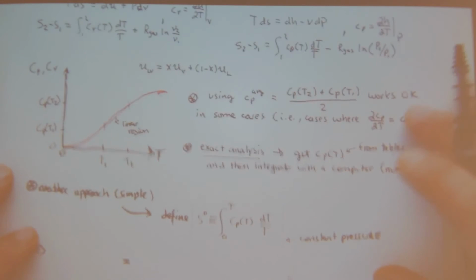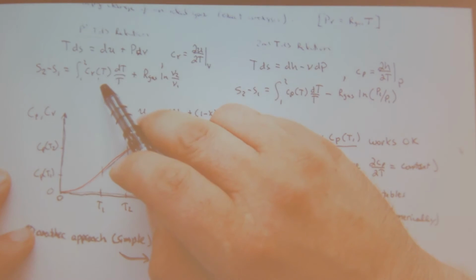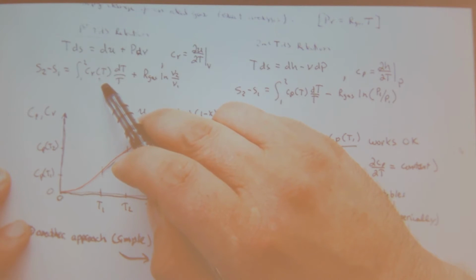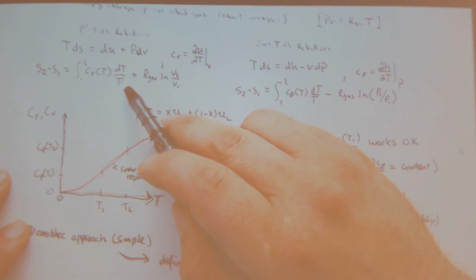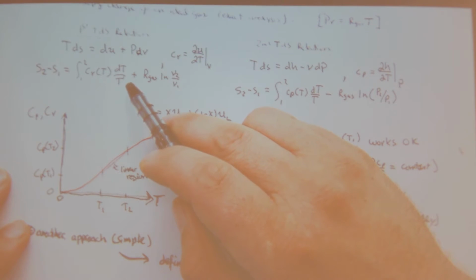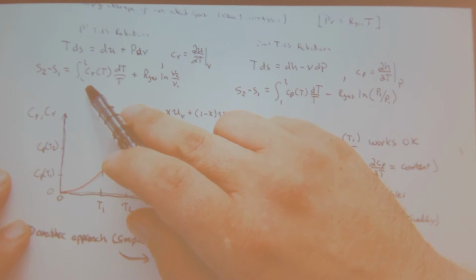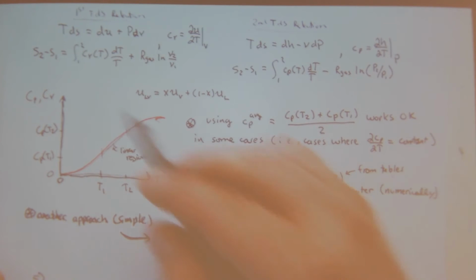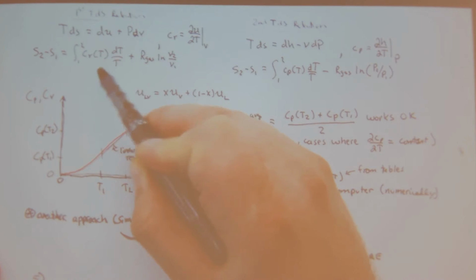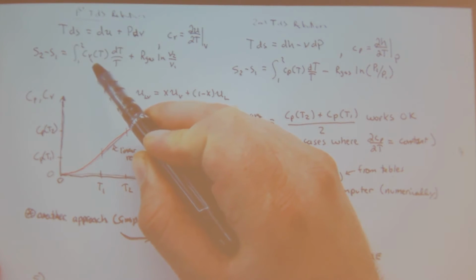Recall we used the average value of this to take out the temperature dependence, so our integral was just 1 over T dT, which is the natural log of T2 over T1.